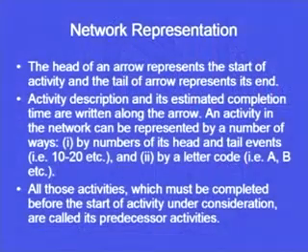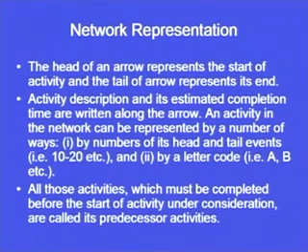We are not going to go into that much depth related to the network diagrams, but we need to understand the head of the arrow represents the start of the activity and the tail of the arrow represents its end. Activity description and its estimated completion time are written along the arrow. So, on the arrow we can write that this much is the time required for this activity.